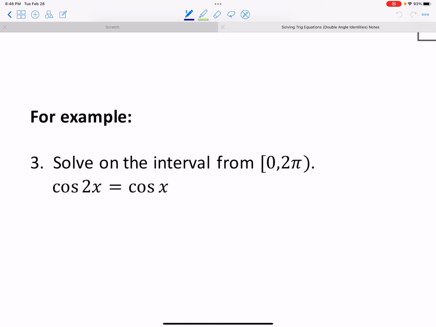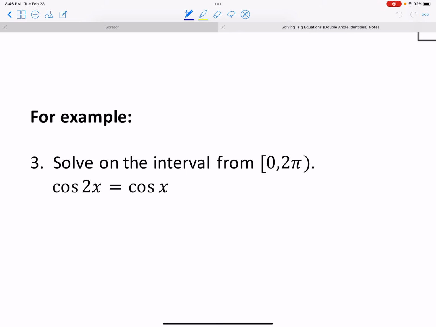I have the same trig function in this equation. They're both cosine, but I can't factor or use any of the other strategies because even though they're both cosine, one's the cosine of x and one's the cosine of 2x. It's almost like having two different trig functions because they're different.